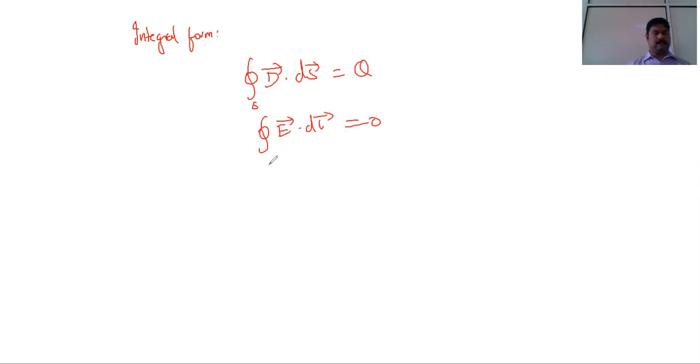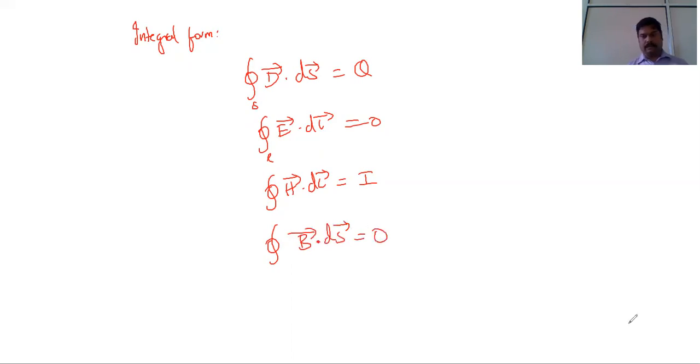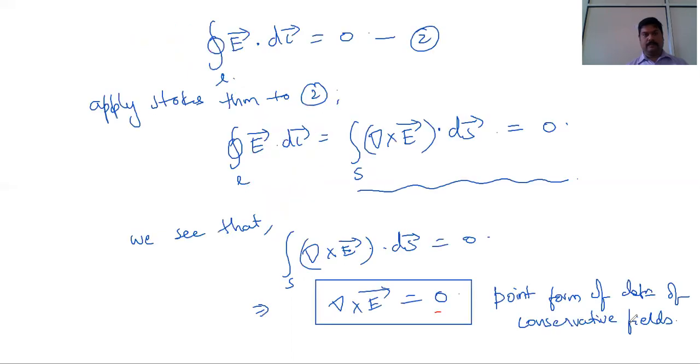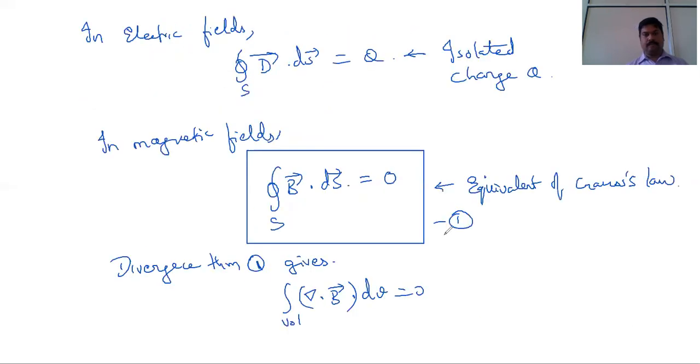Of course, you have a line integral. Next, integral H dot dl equal to I. Next, you have integral B dot ds equal to 0. Yes, we have seen this here, right? Equation 1.